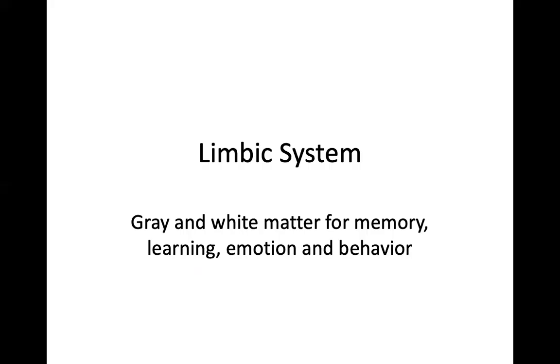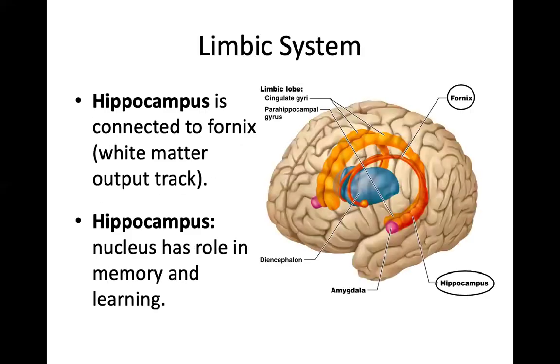In the last part of the lecture, we are coming to a few more things to add here, starting with the limbic system. Memory, learning, emotion, behavior. And it is inside the brain. You see those things, the limbic system? It has different parts, like the hippocampus.